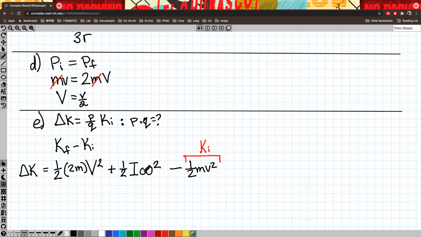I don't really know what to do next. Okay, so is there a way to write this capital V and omega and all of this stuff in terms of Ki? Right.